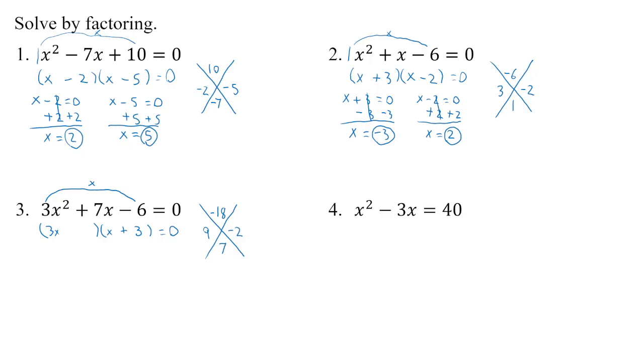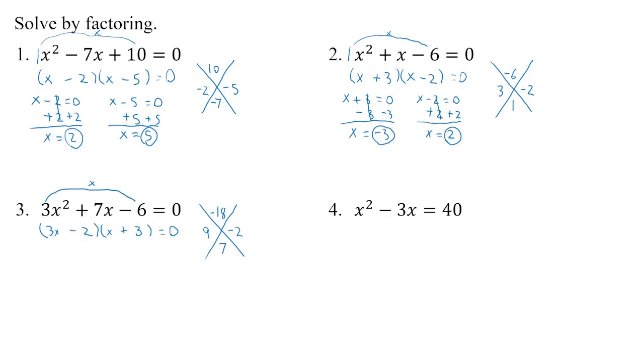Never put your quotient in the same group as your divisor. Next, we got -2 divided by 1. That's the other leading coefficient. And that would be -2. So now we have factored 3x squared plus 7x minus 6.